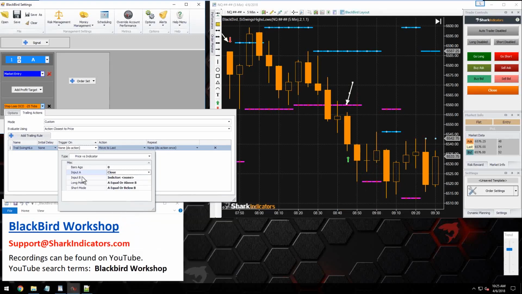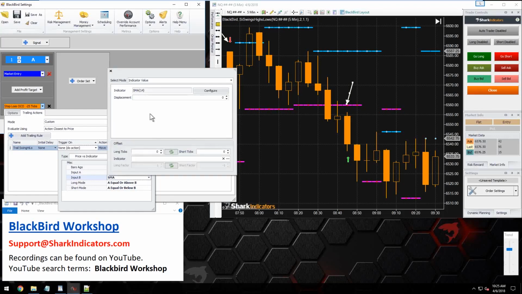And then the next step is to set up the indicator that you want to move the stop loss to. So in our case, it's going to be the swing highs lows. Now, one thing that the person who sent in the question was using was the swing points. The swing point prices is this swing highs lows indicator.